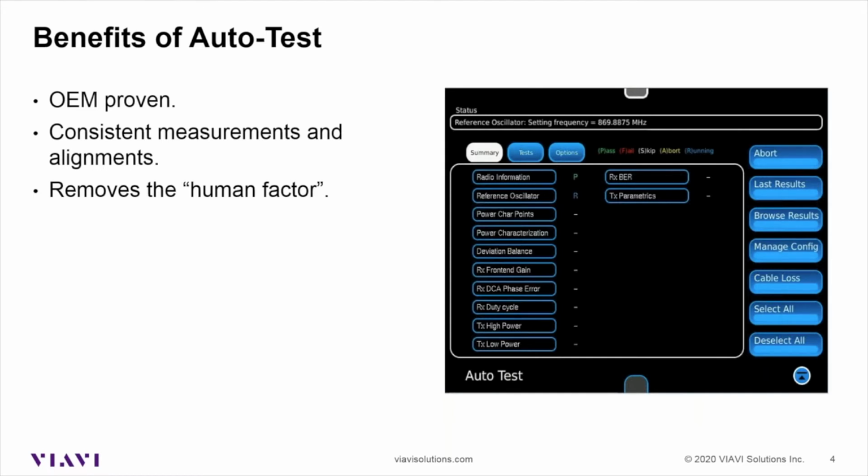We have technicians that have been testing radios for 50 years, and this guy's always aligned the transmit power a little on the high side because he wants to make sure that the user gets a little bit better range. Or the next technician says, well, I want to conserve battery life, so I'm going to lower that transmit power a little bit and take it easy on that PA.